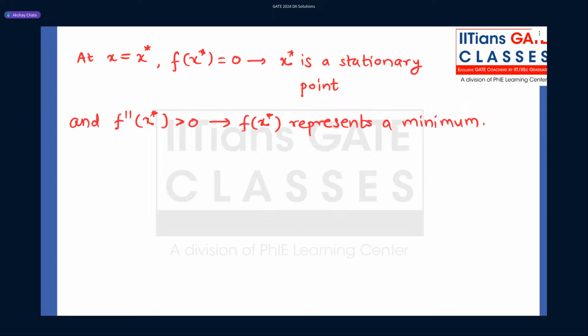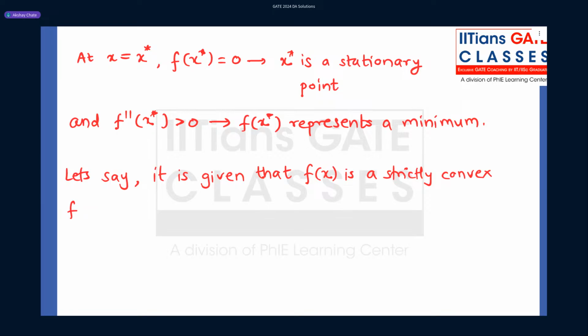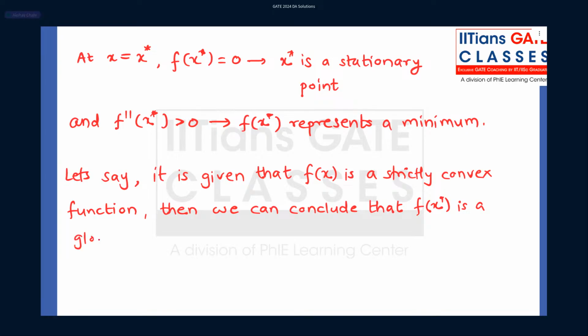What I mean to say here is, let's say it is given that f of x is a strictly convex function, then we can conclude that f of x star is a global minimum.